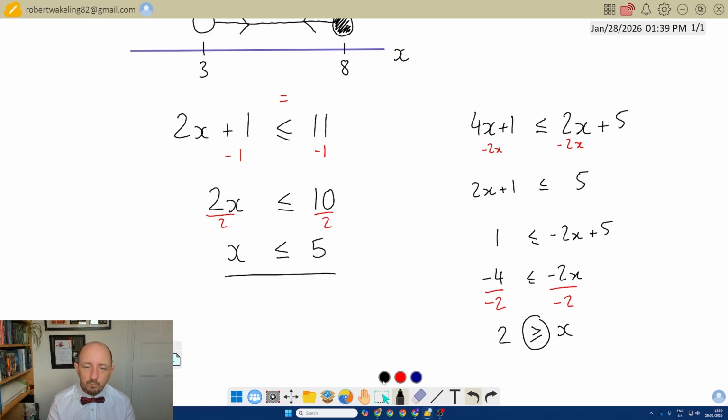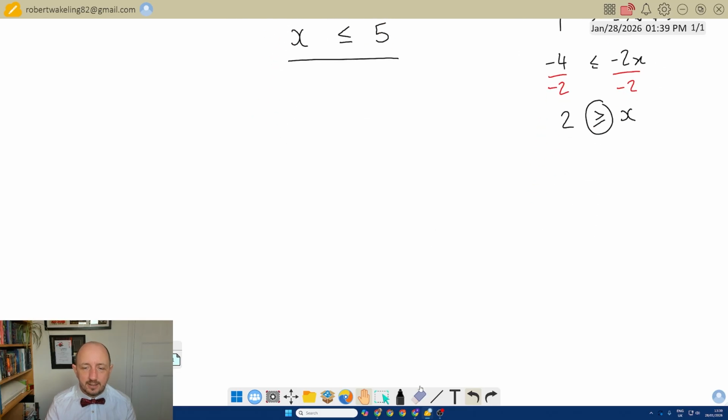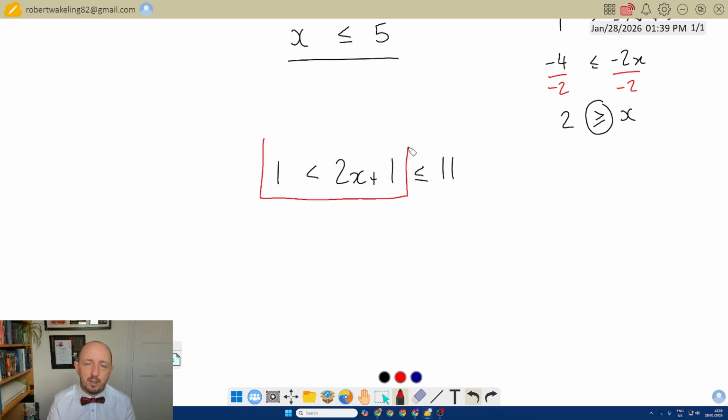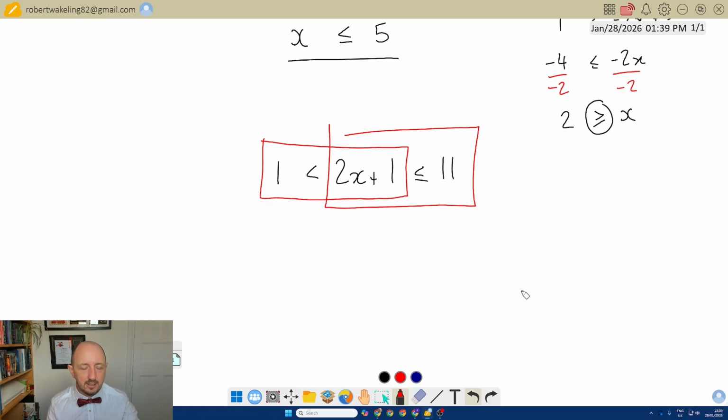Okay, final thing is the double inequality that we have to solve. So 2x plus 1 is between 11 and 1 on that side. And we just do exactly the same thing. Like, you can split it apart and solve them as two separate equations, like separate these into two chunks like this.